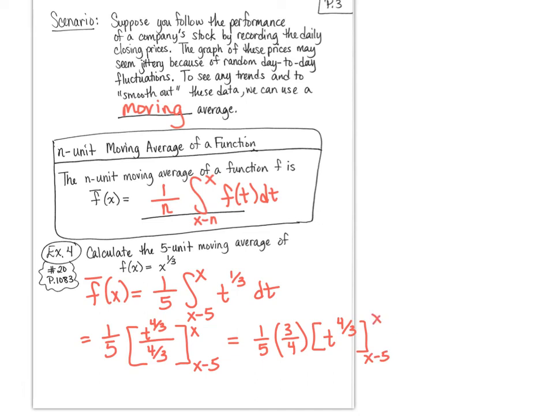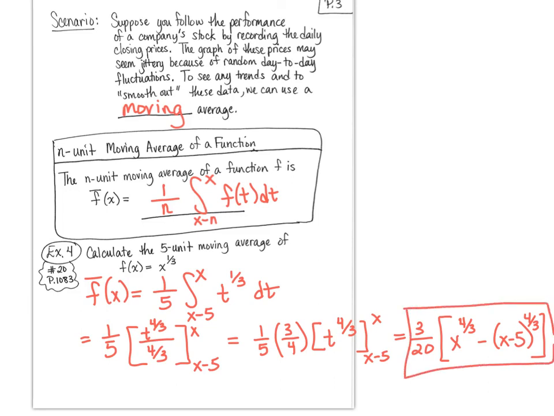So that's going to give us 3 divided by 20 times the quantity x raised to the 4/3 minus the quantity x minus 5 to the 4/3. So what in the world does that mean? This is our final answer. But what does that really mean?